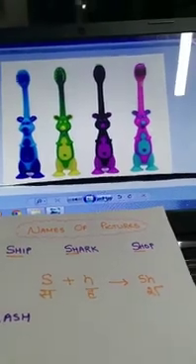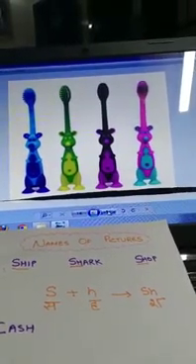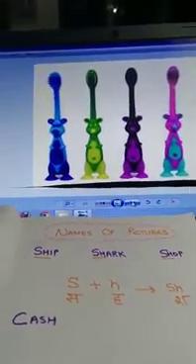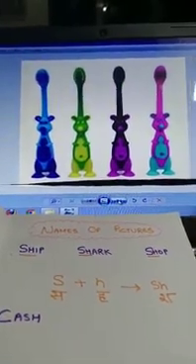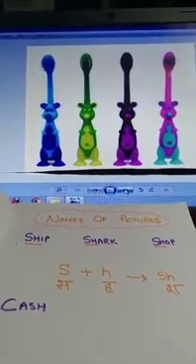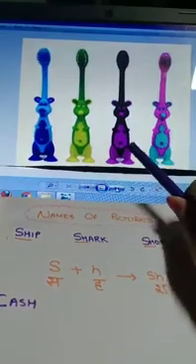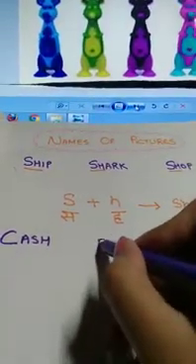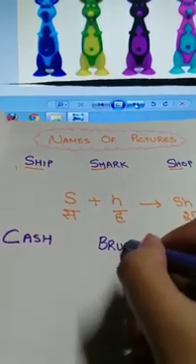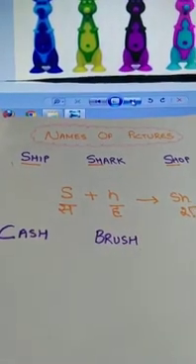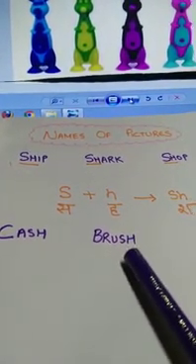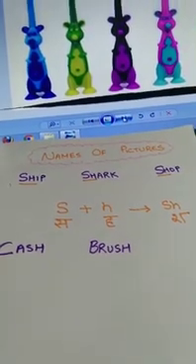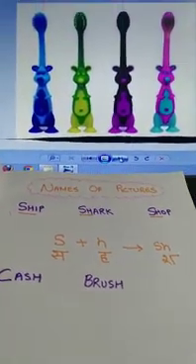What is the first thing you do after waking up in the morning? You brush your teeth. And this is a picture of brush. B-R-U-S-H. Brush.